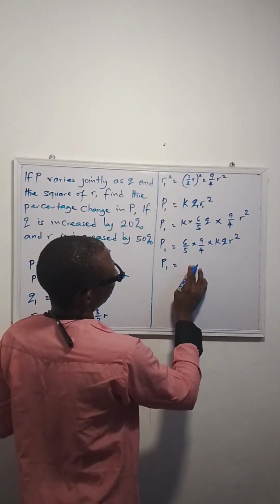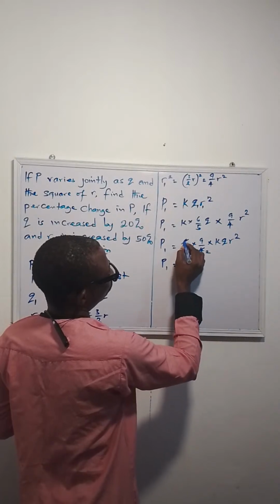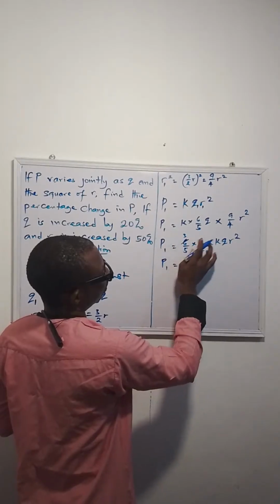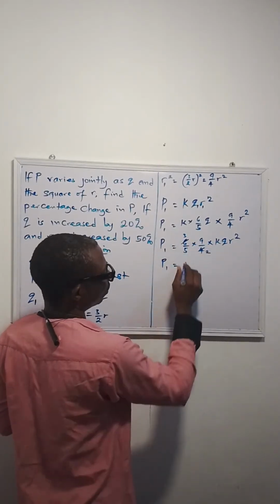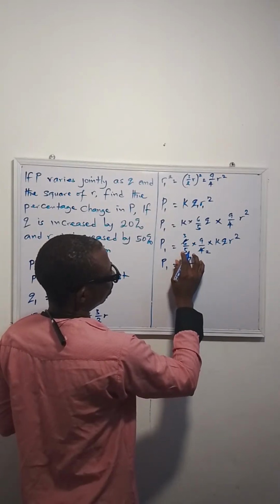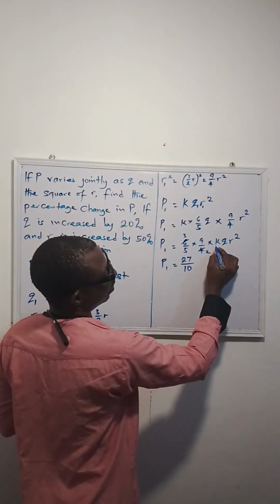yes. So now let's try and reduce this. 2 goes here 2 times, 2 goes here 3 times, right? What is 3 times 9? That's 27. 27 over 5 times 2, that's 10. And this is the same thing as what?